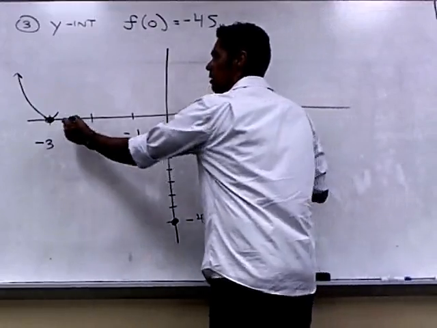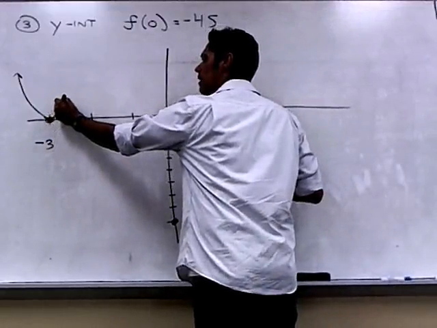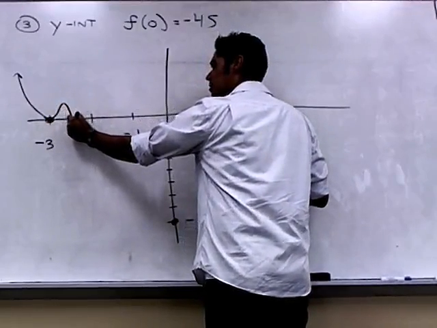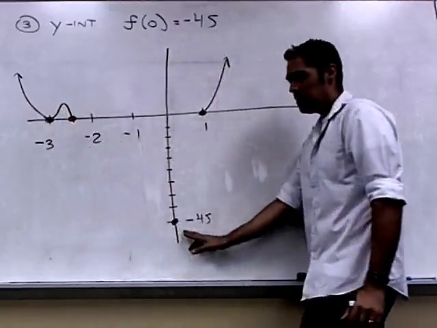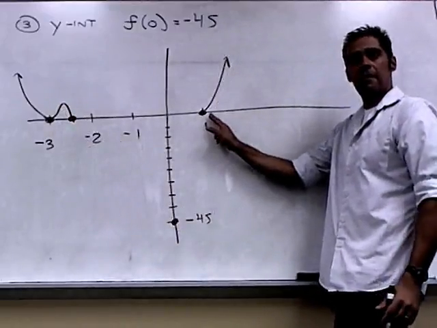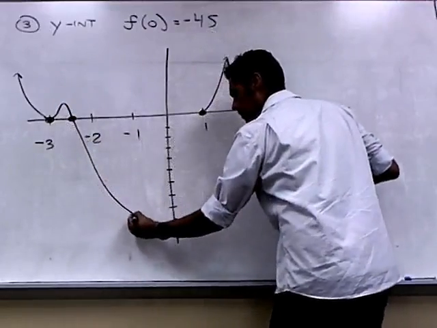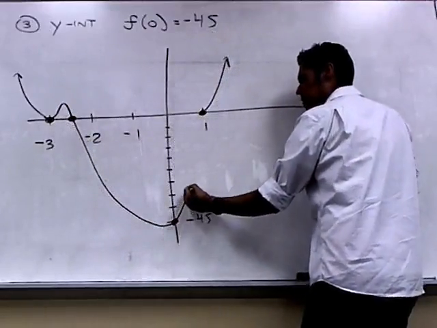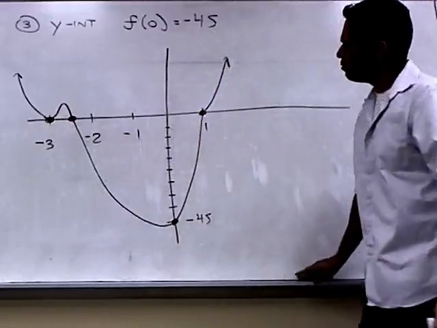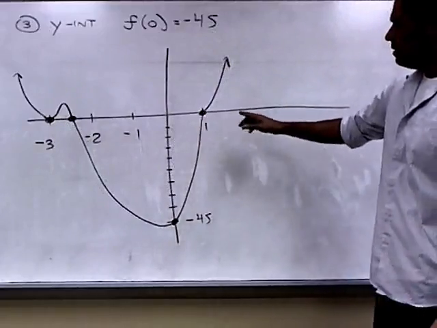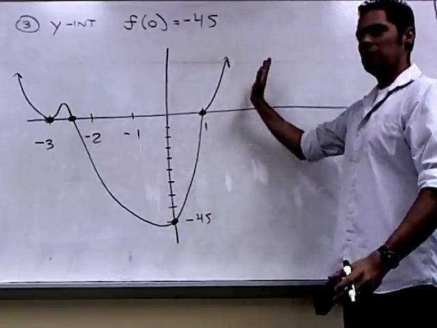So I'm going to come up. It doesn't matter how high I come up. I just need to come back down and cross through. And then I've got to get all the way down to my y-intercept and then get all the way back up here and cross. So I'm going to come all the way down here. I'm going to come all the way back up like this. And because that looks weird, doesn't that look kind of weird? Like I'm going up and all of a sudden I joggle to the right.